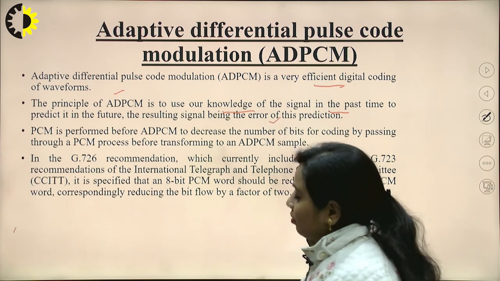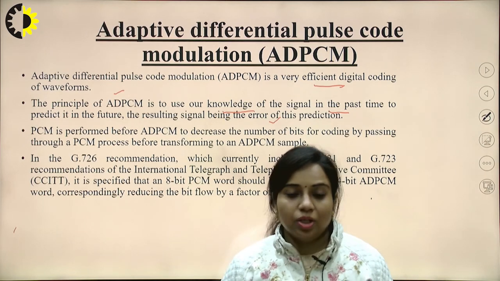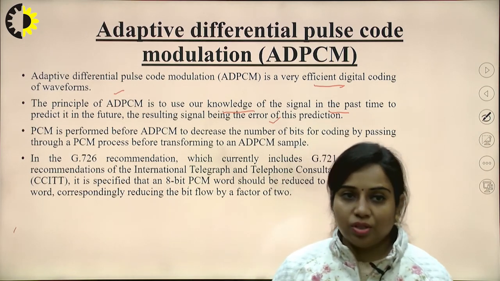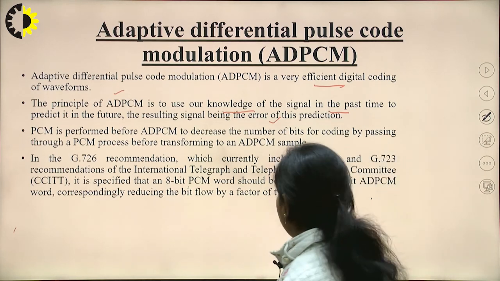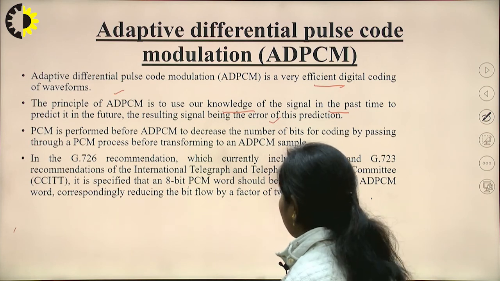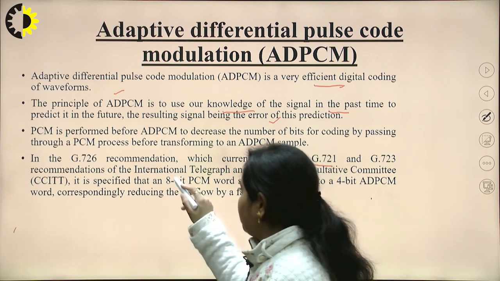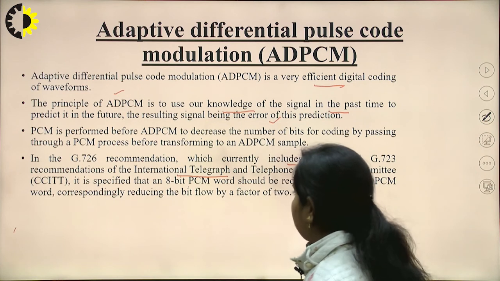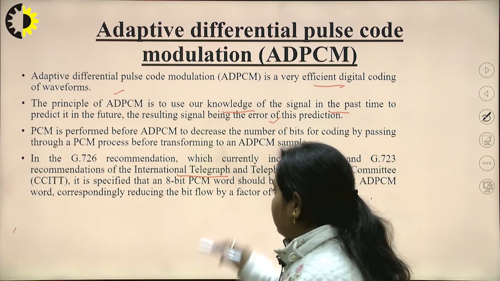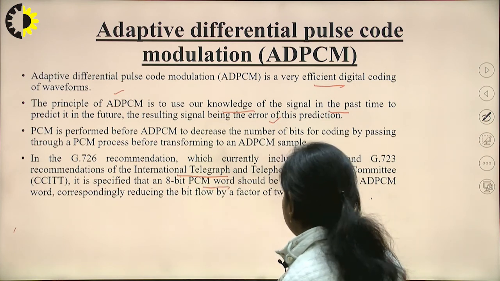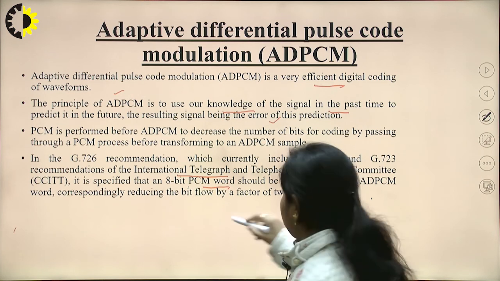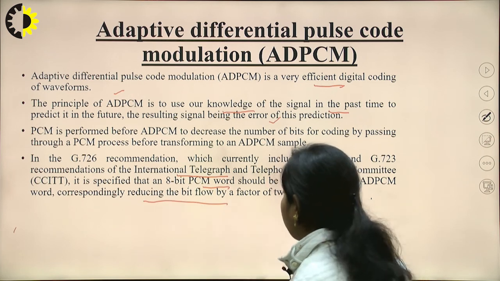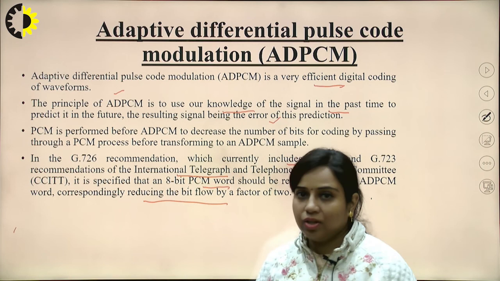The previous example includes G.726. This recommendation, which currently includes the G.721 and G.723 recommendations of CCITT, specifies that an 8-bit PCM word should be reduced to a 4-bit ADPCM word, correspondingly reducing the bit flow by a factor of 2.